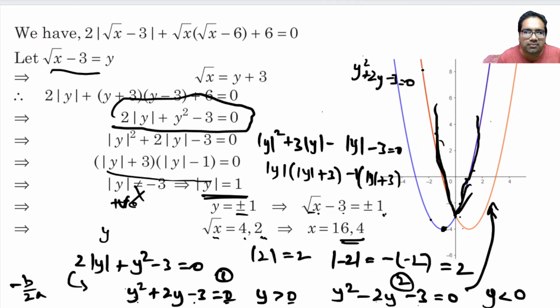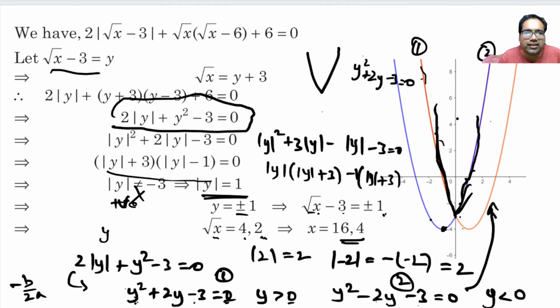The graph is these two lines, line 1 and line 2. It will look something like this. It is half taken from this graph and half taken from this graph, because |y| breaks this equation down into two different equations.